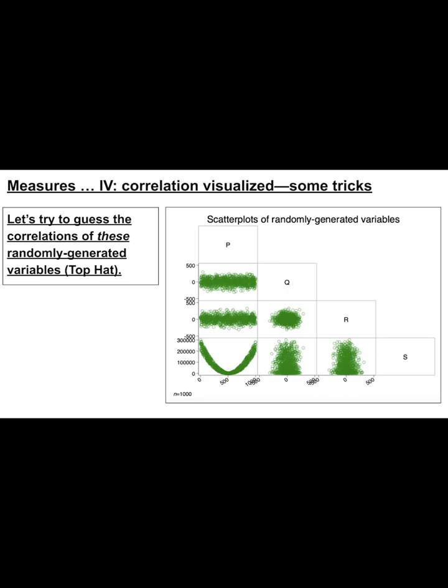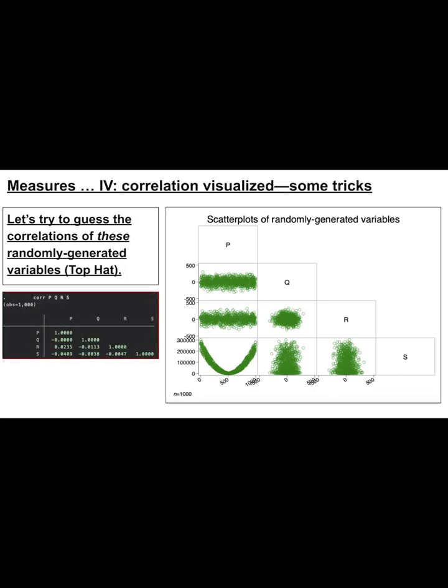If you've got a lot of deviations from the X that are positive, and then a lot of positive Y deviations, then a lot of deviations from the X that are negative and a lot of positive Y deviations, those will tend to cancel each other out. So we can again look at the correlation matrix here, and we'll see that all of these are very close to 0, which is what we would expect once we get a better handle on this.